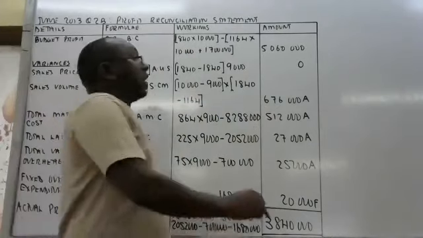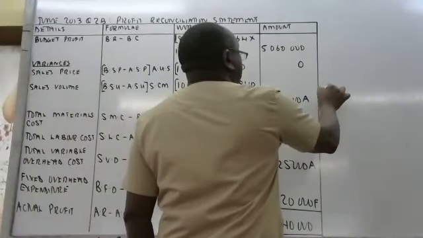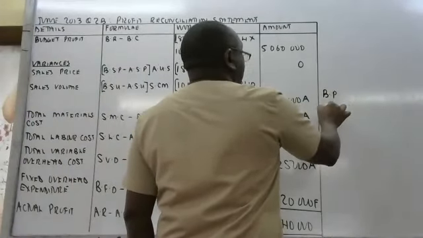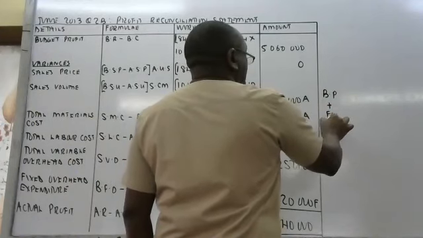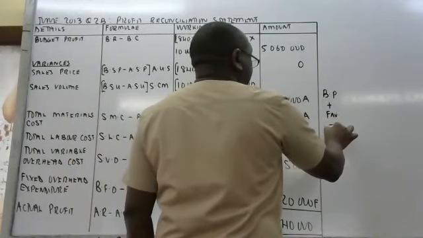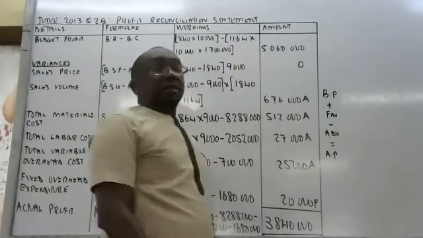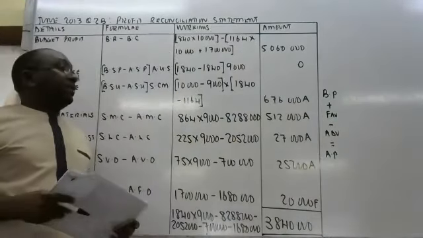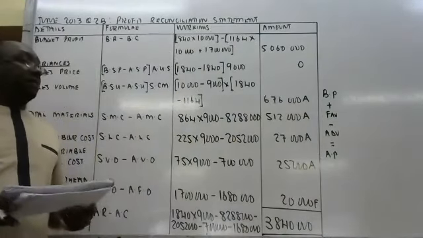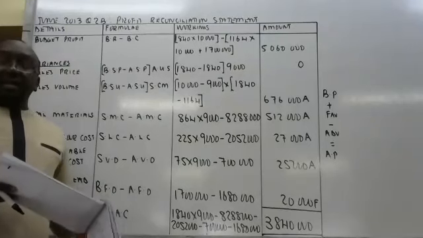So you can reconcile. I told you, you get the budget profit, you add the favorables, you less the adverses, and you should get the actual profit. Check whether it agrees.